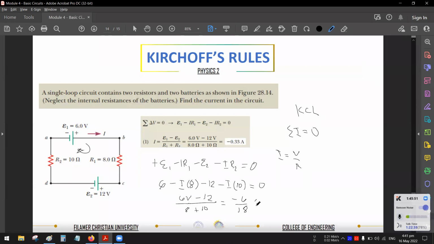So, yung I mo, yung current mo is negative 0.33 ampere. So, may negative ba na current? Tama ba? Negative 0.33 ba?